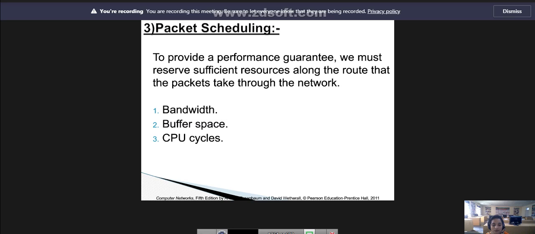The second resource that is often in short supply is buffer space. When a packet arrives, it is buffered inside the router until it can be transmitted on the chosen outgoing line.